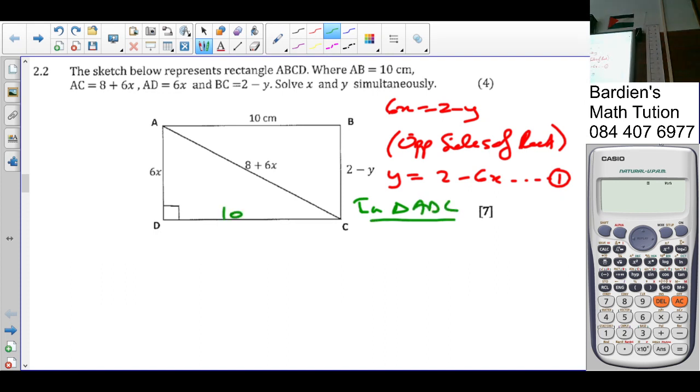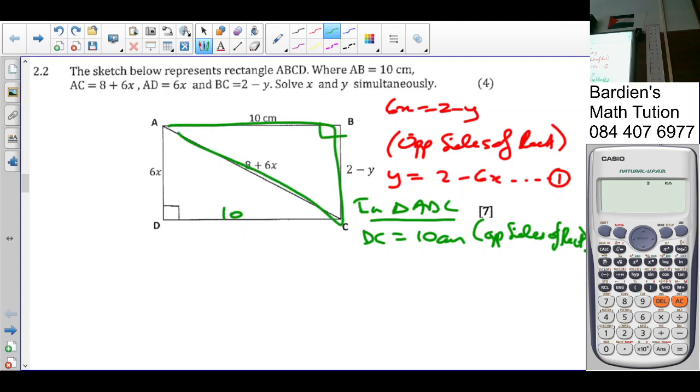We'll start by saying that DC is 10. Do I need a reason here? No, but I'm going to write it down anyway: opposite sides of a rectangle are equal. Since angle D is already given as 90 here, if I had worked in the other triangle, I would first have to say angle B is 90, because that's not on the diagram. The reason is that each vertex angle of a rectangle is 90 degrees.